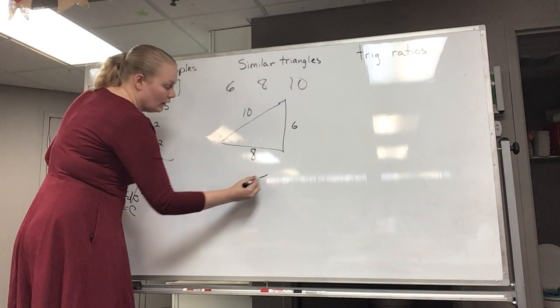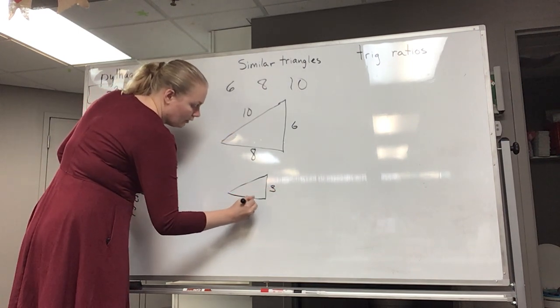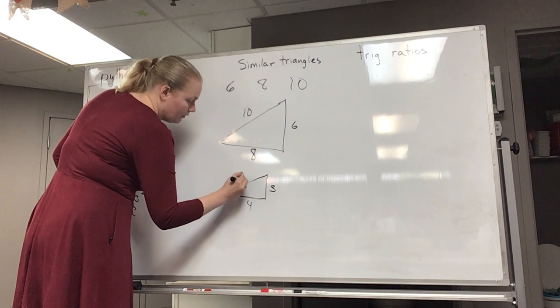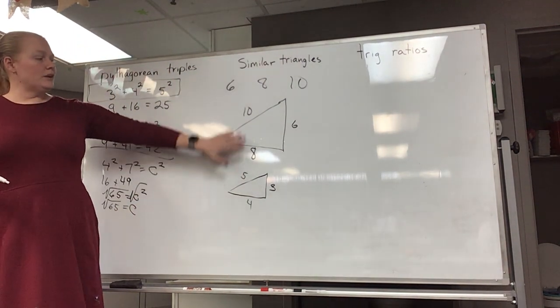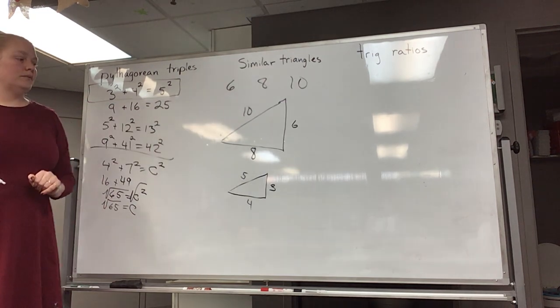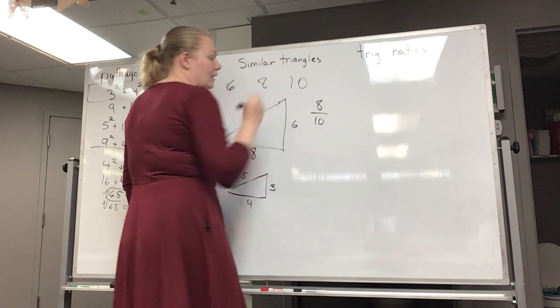And so if I have this smaller triangle with 3, 4, and 5, if I compare the bottom to the long side, I would be saying 8 over 10.